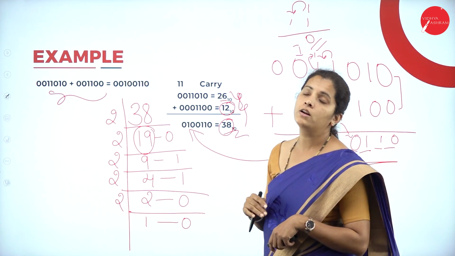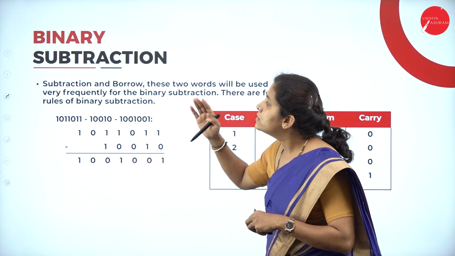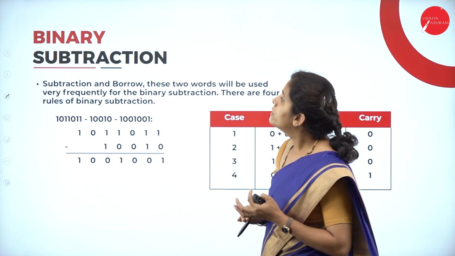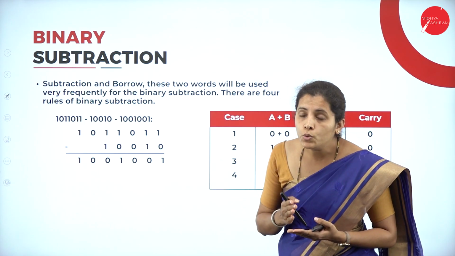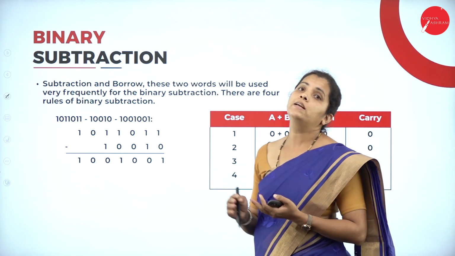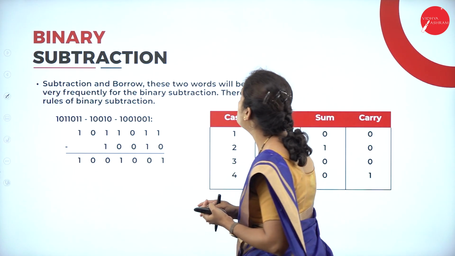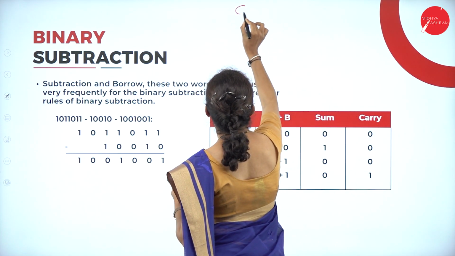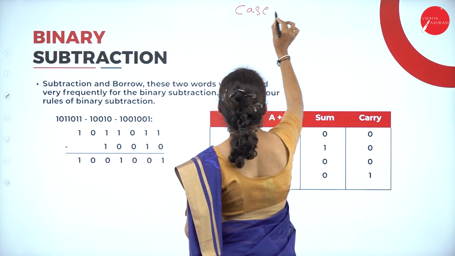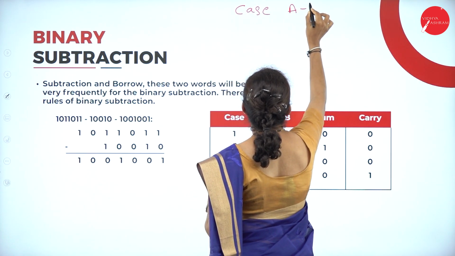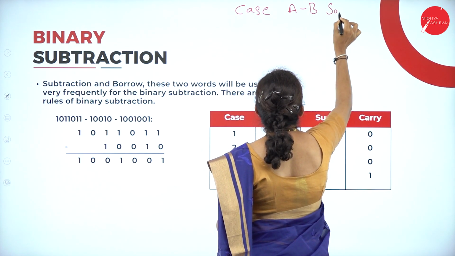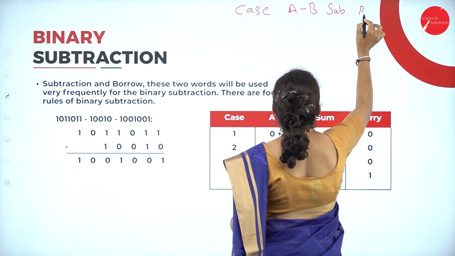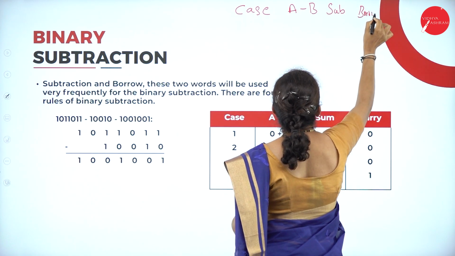The next type is binary subtraction. Dear students, to perform binary subtraction, we have 4 rules. Consider this is the case, A minus B, then subtract, then borrow.